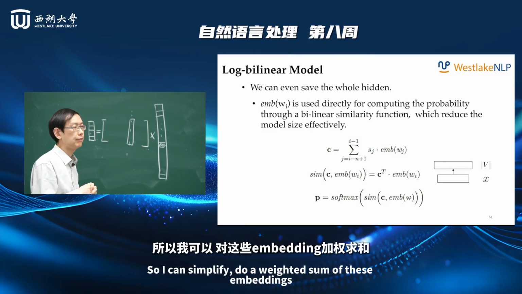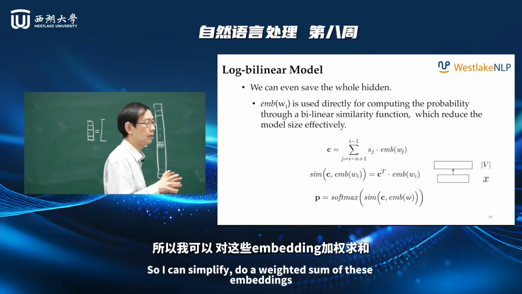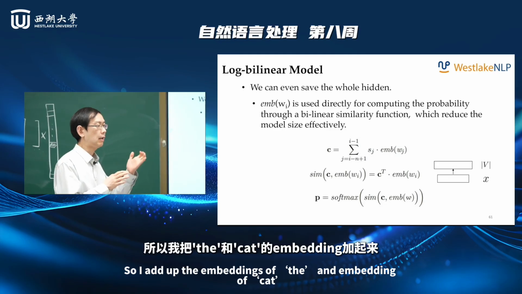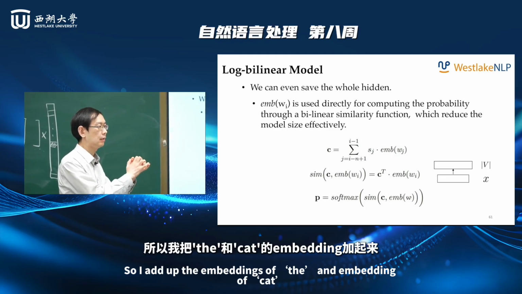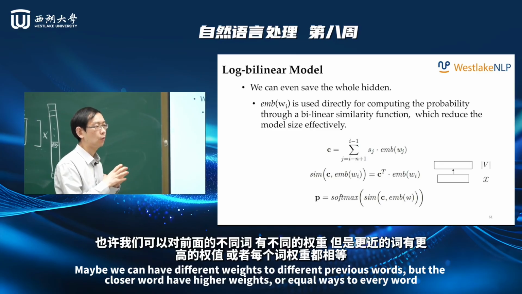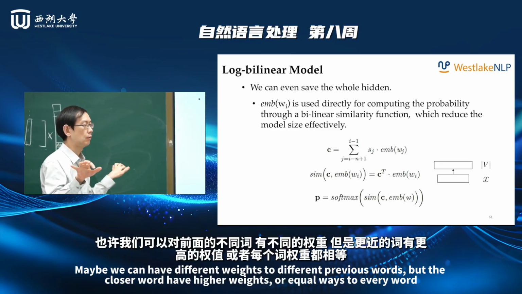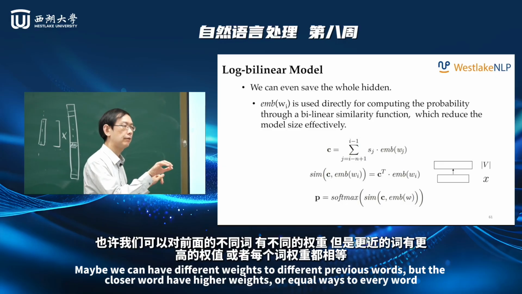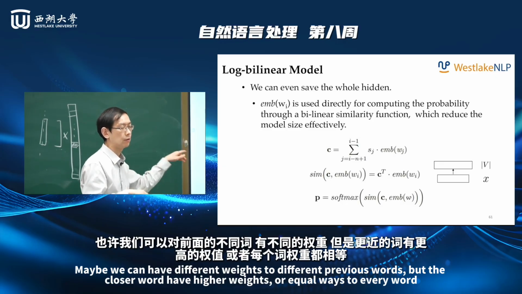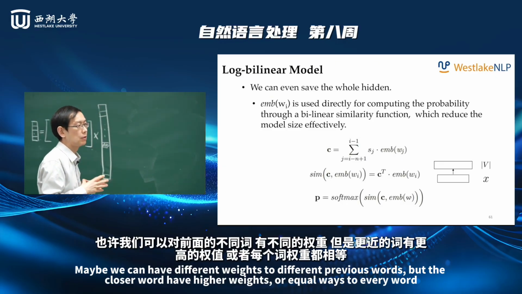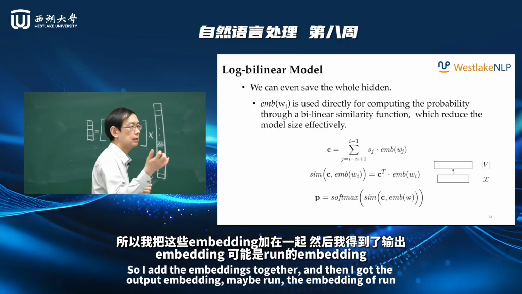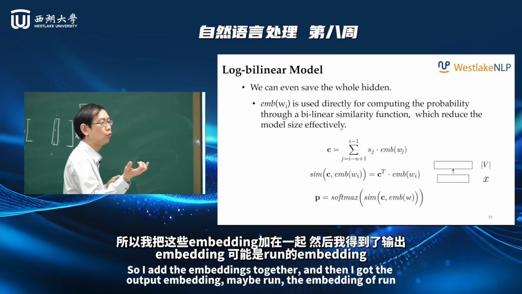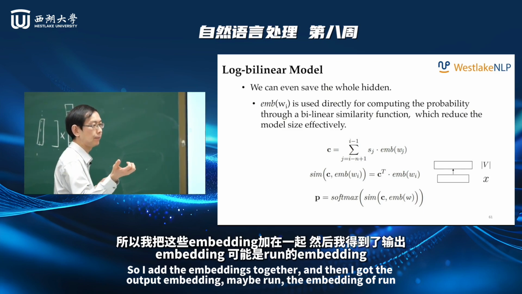So I can simplify, do a weighted sum of these embeddings. So I add up the embedding of the and the embedding of cat. Maybe we can have different weights for different previous words. The closer words have higher weights, or equal weights to every word. So I add the embeddings together, and then I get the output embedding, maybe the embedding of run.